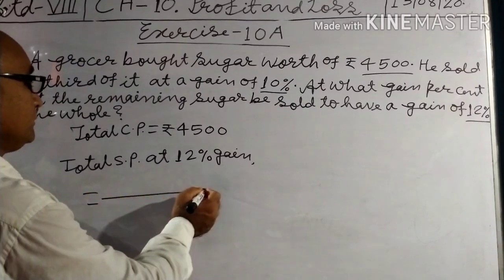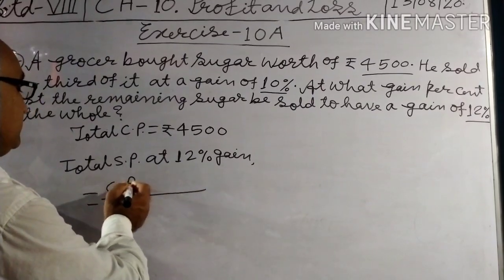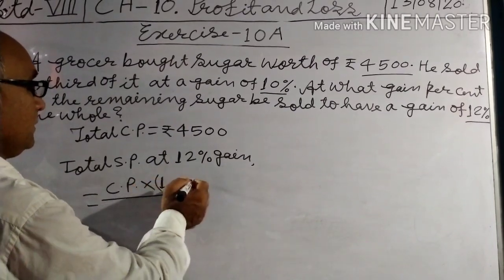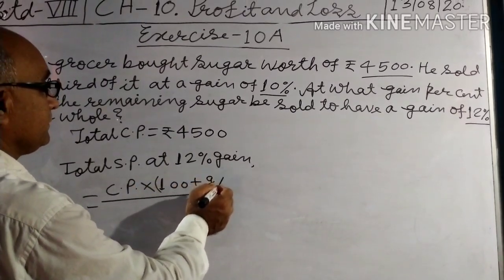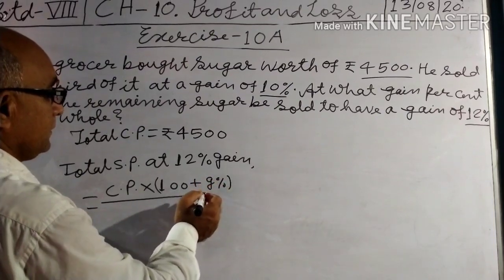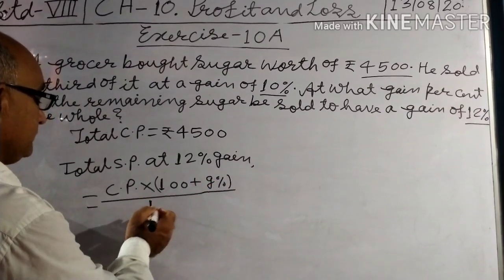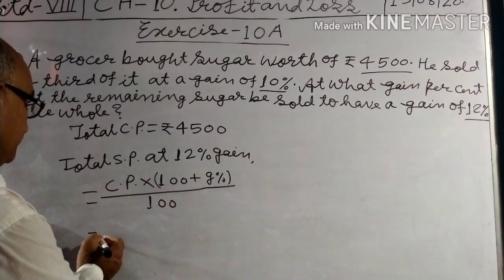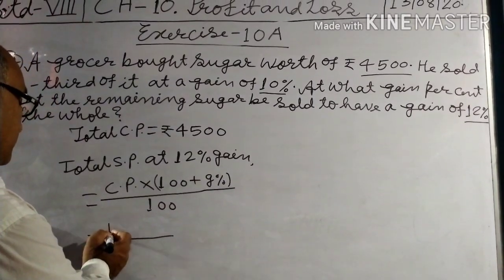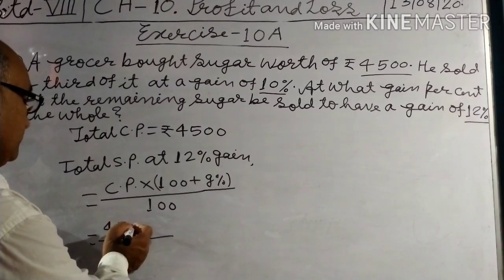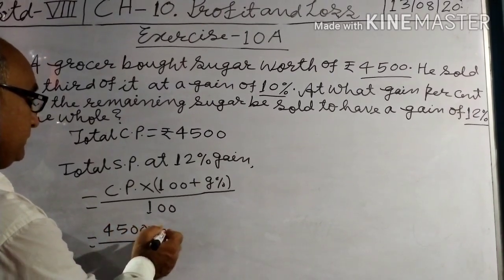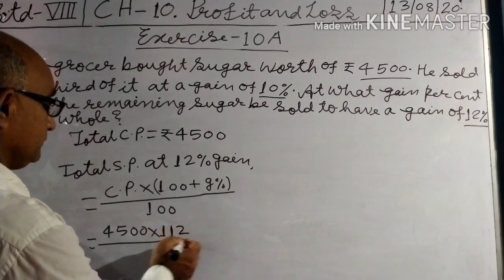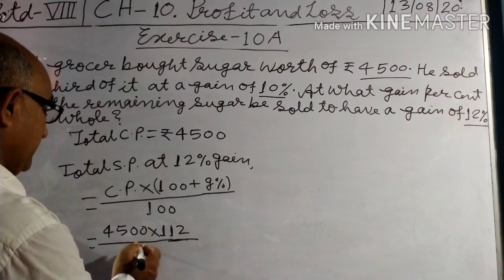Total SP at 12% gain equals formula: CP into 100 plus gain percent by 100, equals rupees 4,500 into 112 by 100.